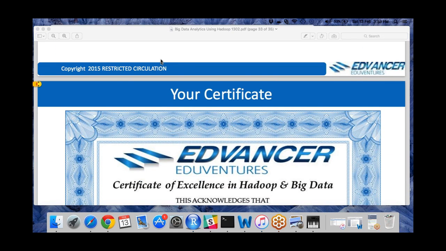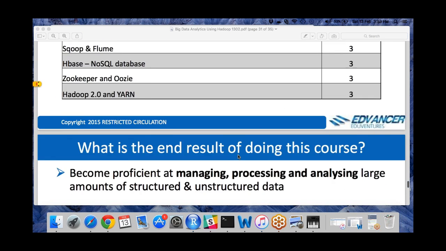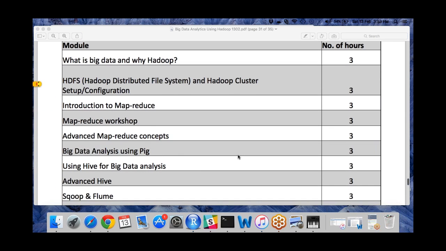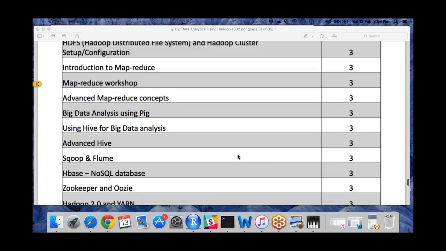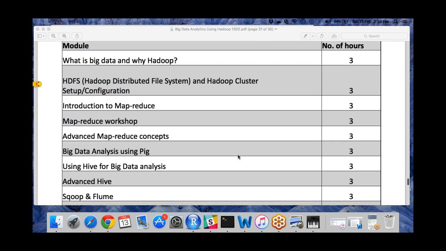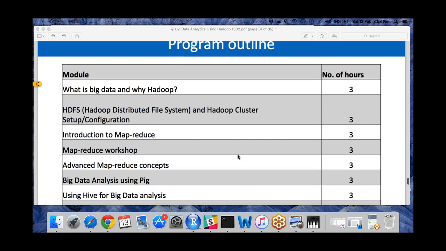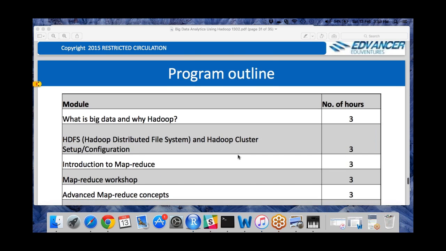If you're talking about different technologies which will be needed for Hadoop administration, do we have a course which involves discussion on technologies that we mentioned here? This is the only Hadoop course that we have, and we don't have any other course which talks about other technologies that you might be referring to. So this is the only course that we have, and these are the technologies that we cover.